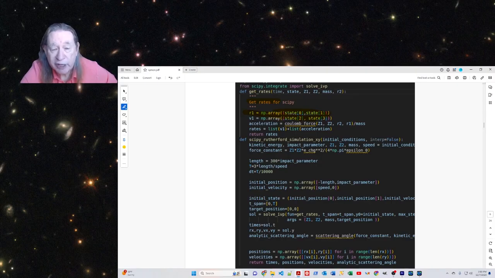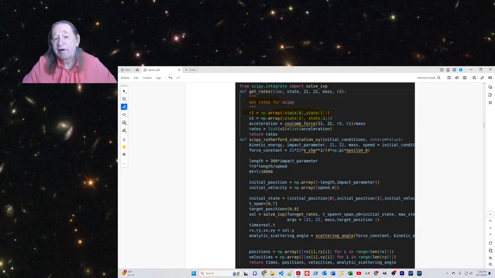It computes the acceleration, and it just returns the velocity and the acceleration. And then the library integrates it automatically, and you get better results than if you do it by hand. The main function for this is right here, SciPy Rutherford simulation.